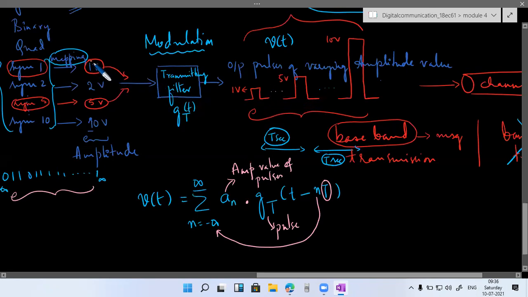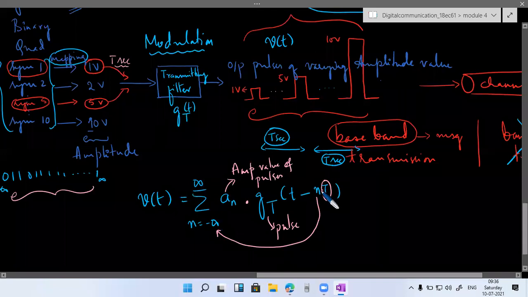In other words, for every T seconds we'll be feeding a new symbol onto this transmitting filter, which in turn generates a pulse. And how many such pulses might I end up with over a period of time, starting from n equal to negative infinity to positive infinity.